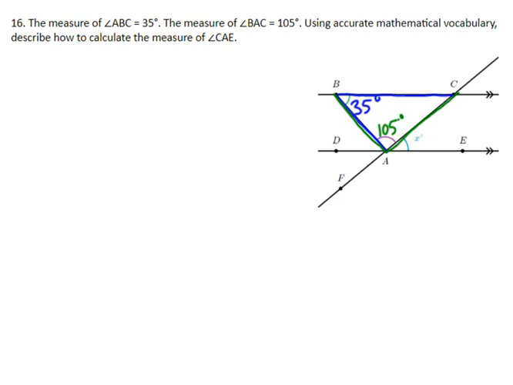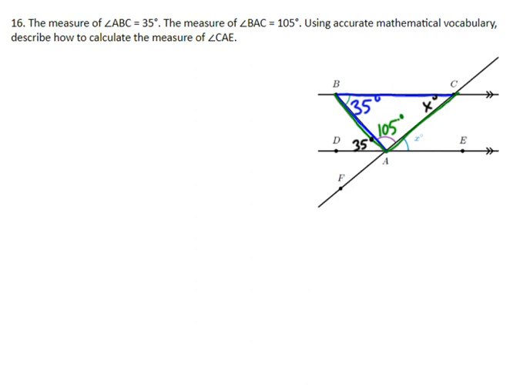I could either label this as angle x because those are alternate interior, or I could label this as 35 because those are alternate interior angles. You must have something about alternate interior angles in your description.